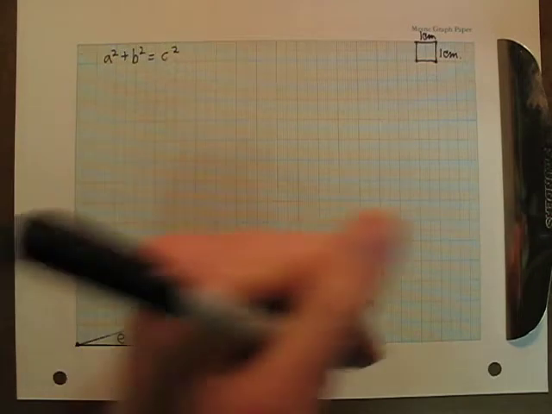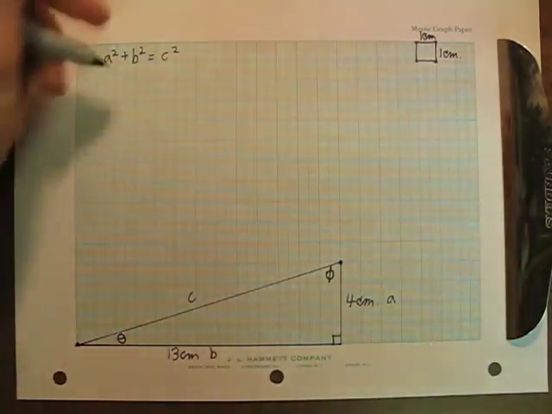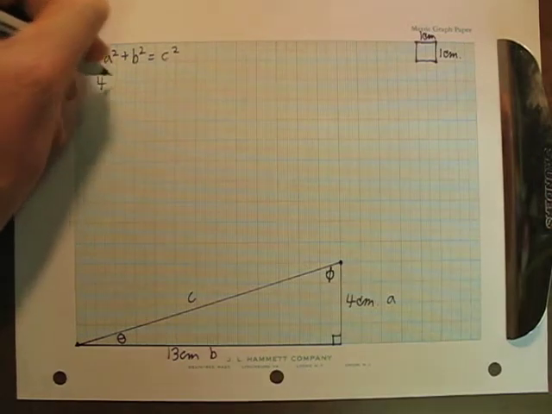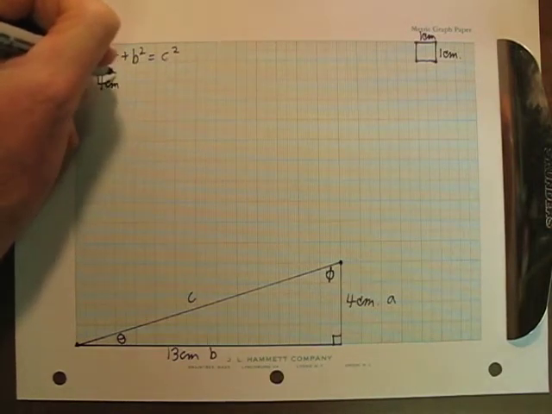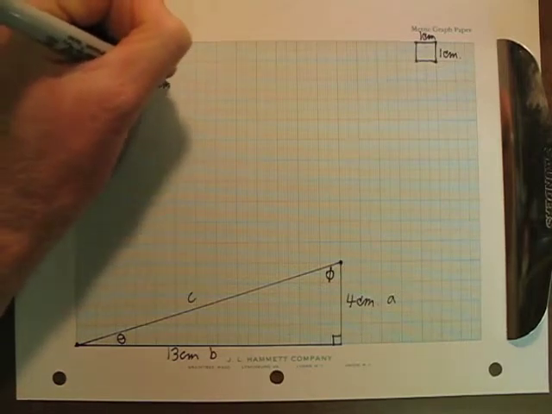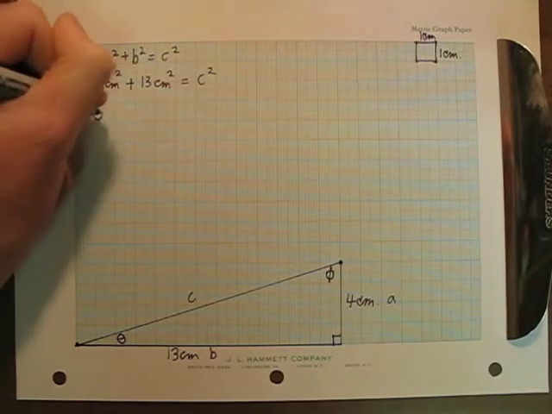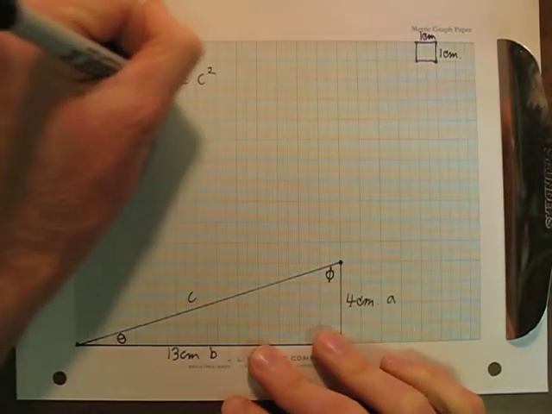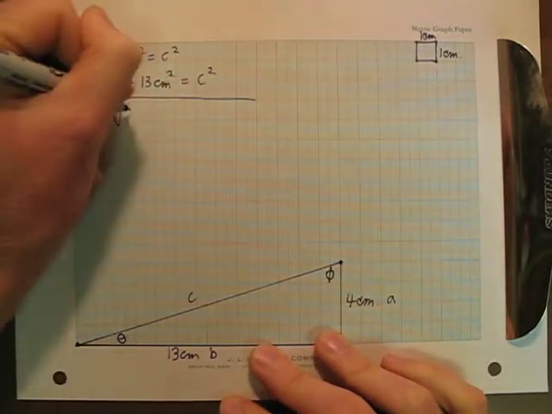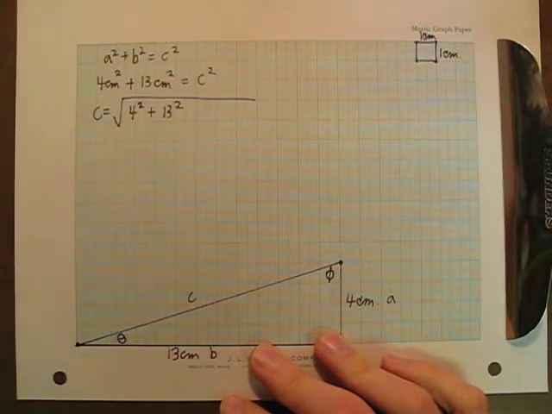So let's call this a, let's call this b. We're going to say that this is 4 centimeters squared plus 13 centimeters squared equals c squared. So I can say c equals the square root of 4 squared plus 13 squared.